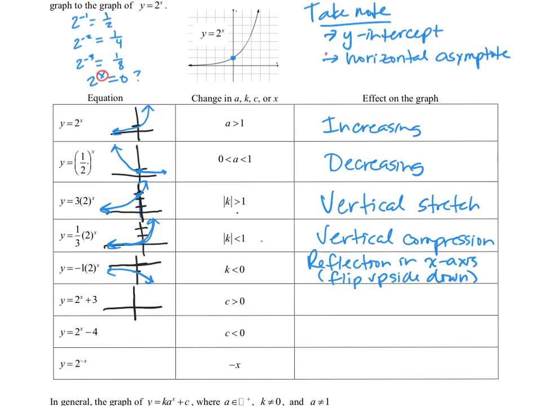On the parent function, the horizontal asymptote is the x-axis, but here we're shifting up 3 units, so we have a new horizontal asymptote. I'm just going to make it in red. Also, the y-intercept has been shifted up 3 units, so now the graph goes through the point (0, 4), and it will look something like that.